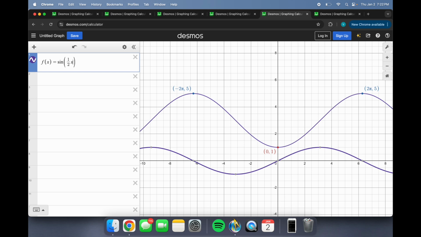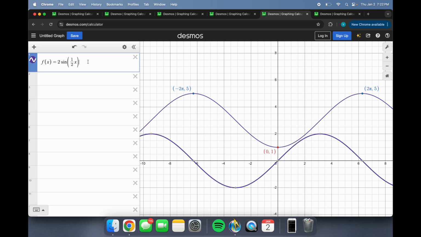Okay. Now, how do we make the amplitudes the same? Well, the amplitude of sine as it is now is 1, but the graph that we're going for has a midline of y equals 3, it looks like, and it gets to 5 and 1, so that's like a distance of 2 away from the midline. So it looks like it's been vertically scaled by a factor of 2. So it looks like 2 times sine of 1/2 x.